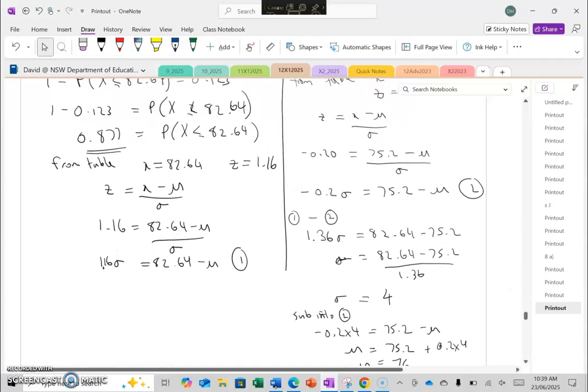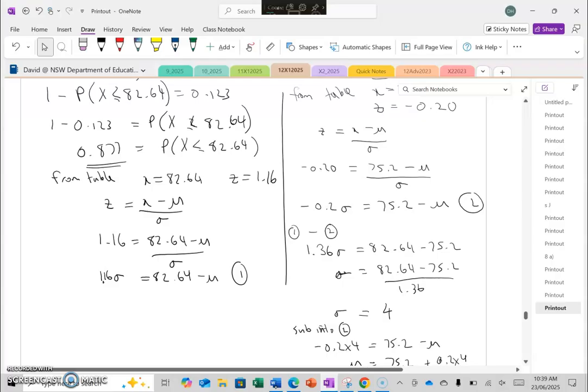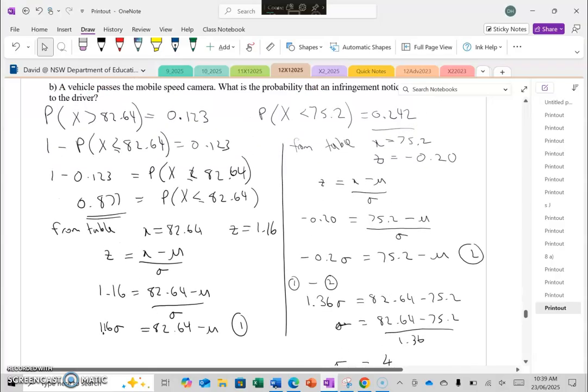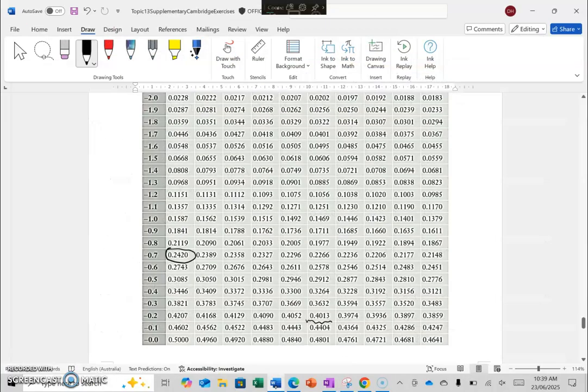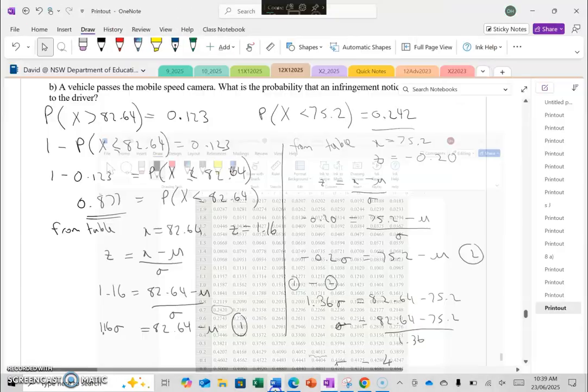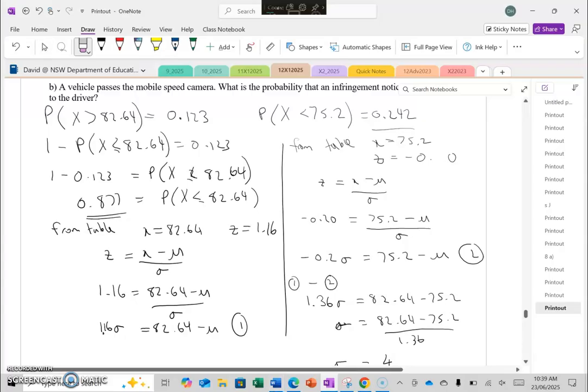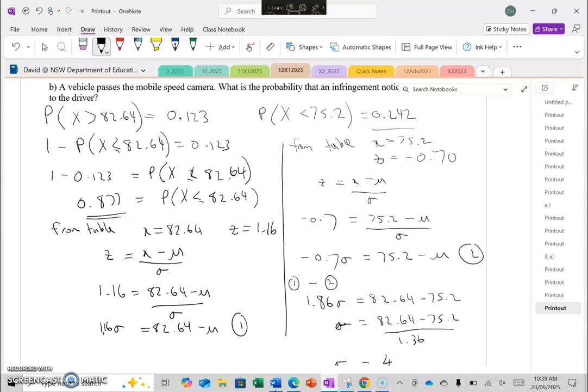Oh, apologies. I made an error here. It wasn't negative 0.2. Let's go back to the table. It was negative 0.7, I think. Let's have a look. Yes, negative 0.7. I misread my writing. So that changes that to that. That changes that to that. That'll change that to an 8.6.